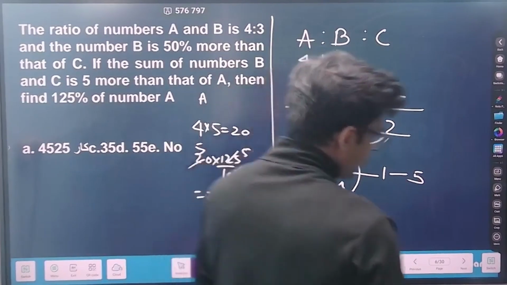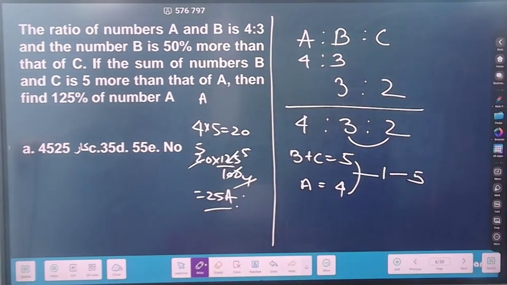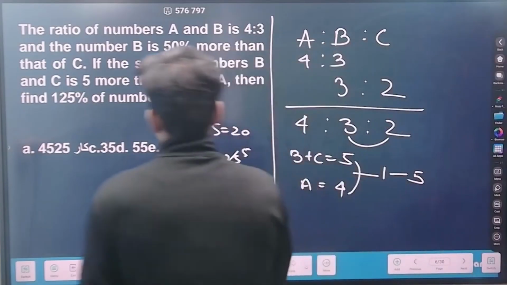I hope you understood what I did. In the previous class, I explained through the concept of balancing.